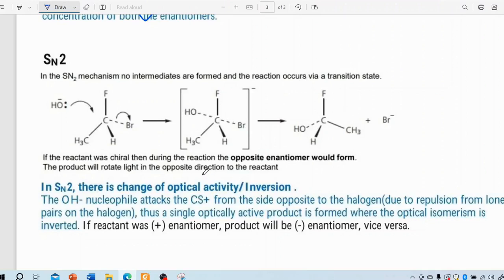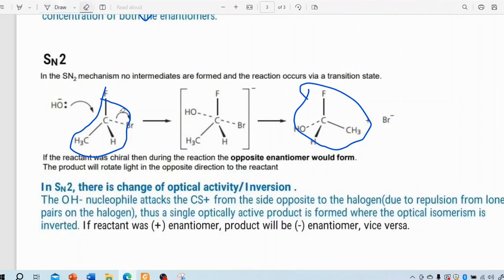So what you can notice is that if you compare only this and this, you will see that the CH3 was on the left hand side over here and it is on the right hand side over here. The fluorine is the same, and H was on the right hand side over here but on the left hand side here.